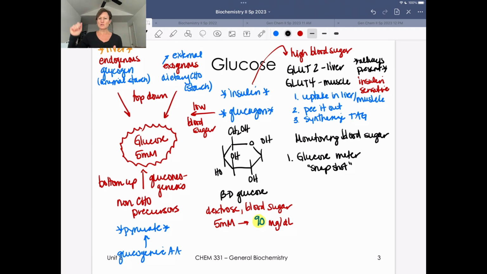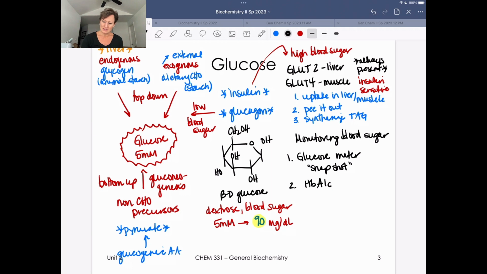But blood sugar should fluctuate throughout the day. Now, it shouldn't fluctuate hugely, but it very easily can fluctuate depending on whether you're fasted or not, whether you're stressed or not, exercising. All of that can cause the cycling of your blood sugar. So another way that we can monitor blood sugar is using a blood test that monitors hemoglobin A1C.